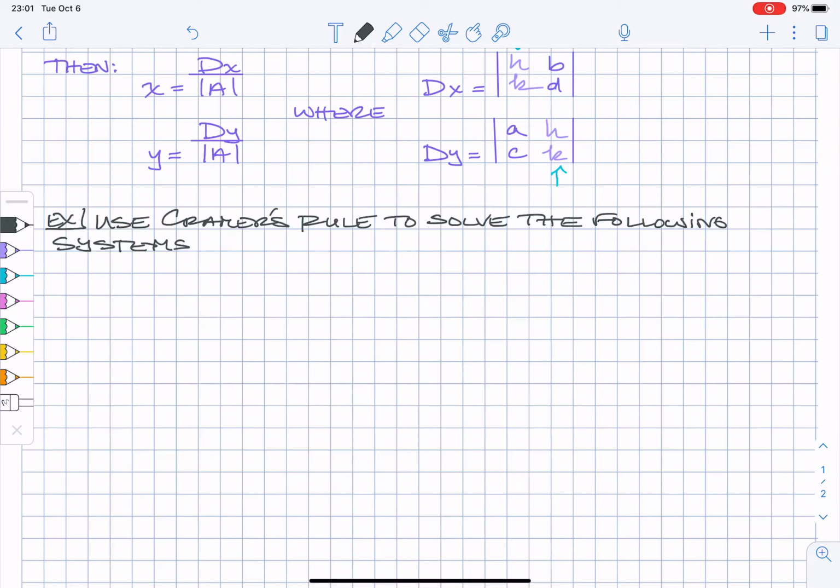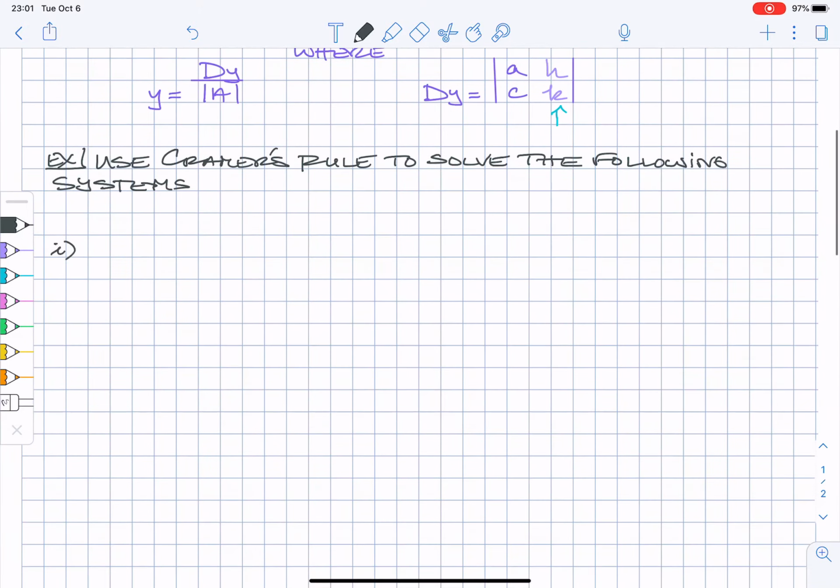Okay, so number one, let's say we have 2x minus 3y is equal to negative 1, and 4x plus y is equal to 5.